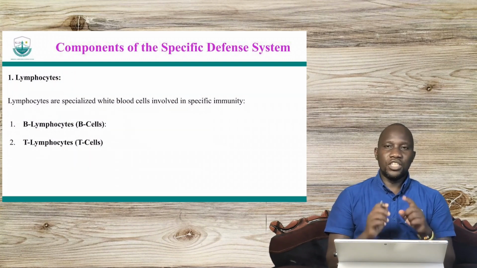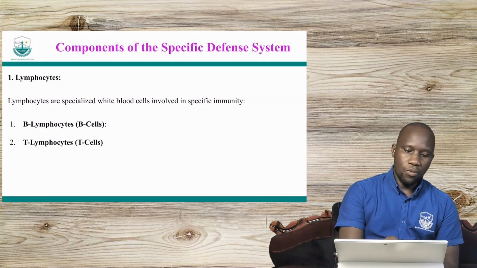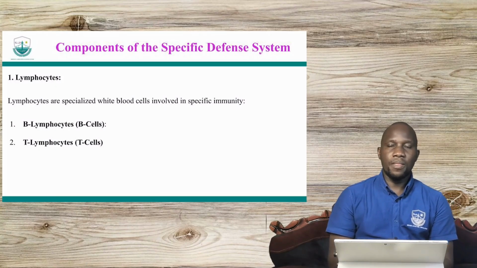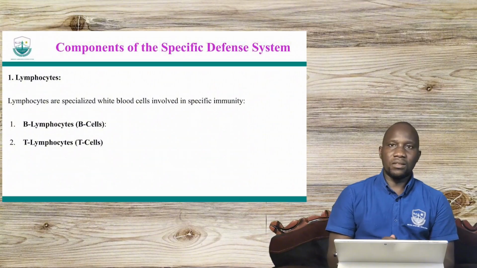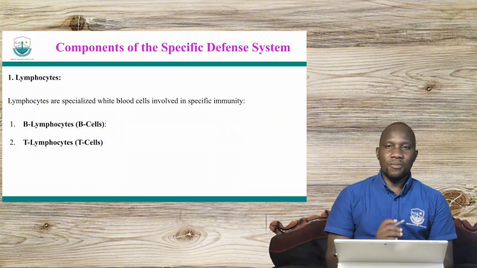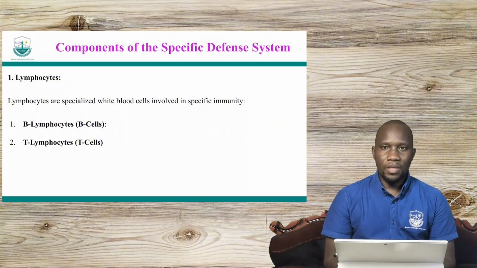These cells can differentiate into two types. One, the plasma cells. The plasma cells are the ones that produce the antibodies. And then we have the memory cells. You remember them? Yes.